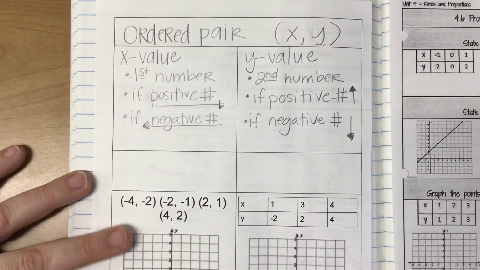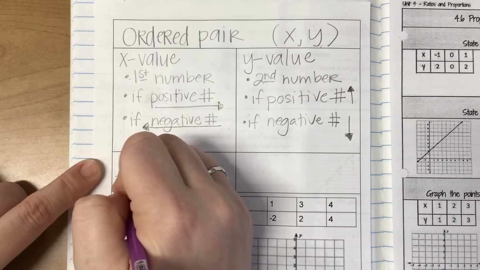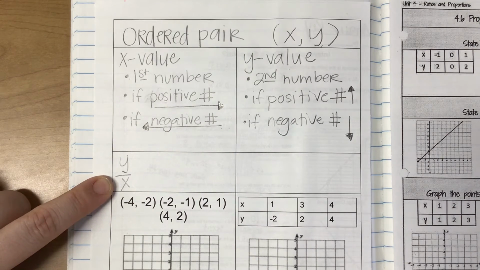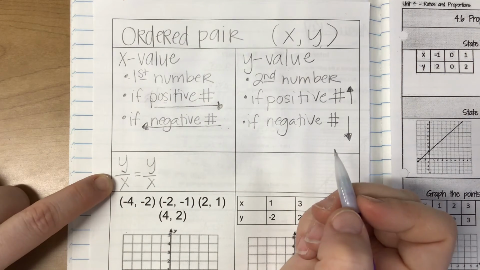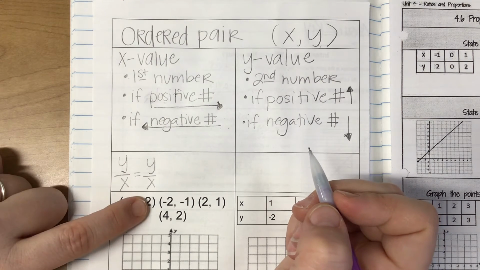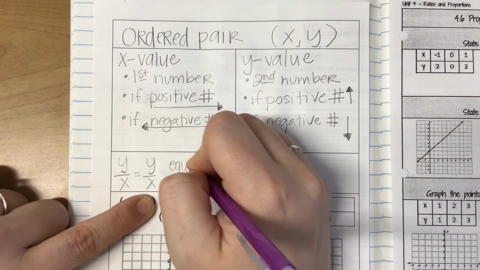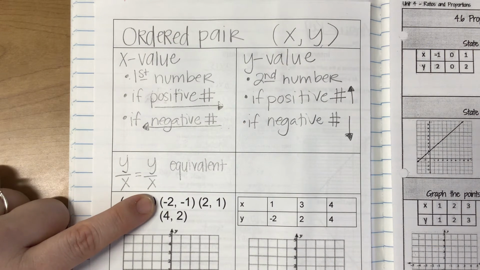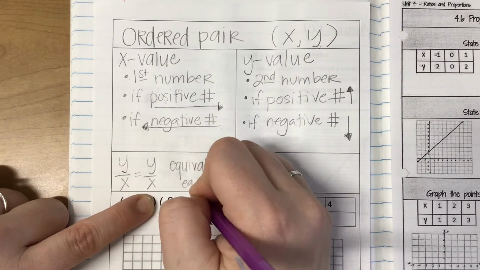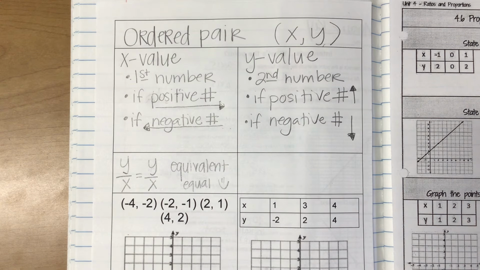Excellent. Now remember, y over x equals y over x. If y over x is equal to y over x, that's equivalent. What does equivalent mean? Equal, equal, equal. It's proportional. What if they don't equal each other? You say it's not proportional.